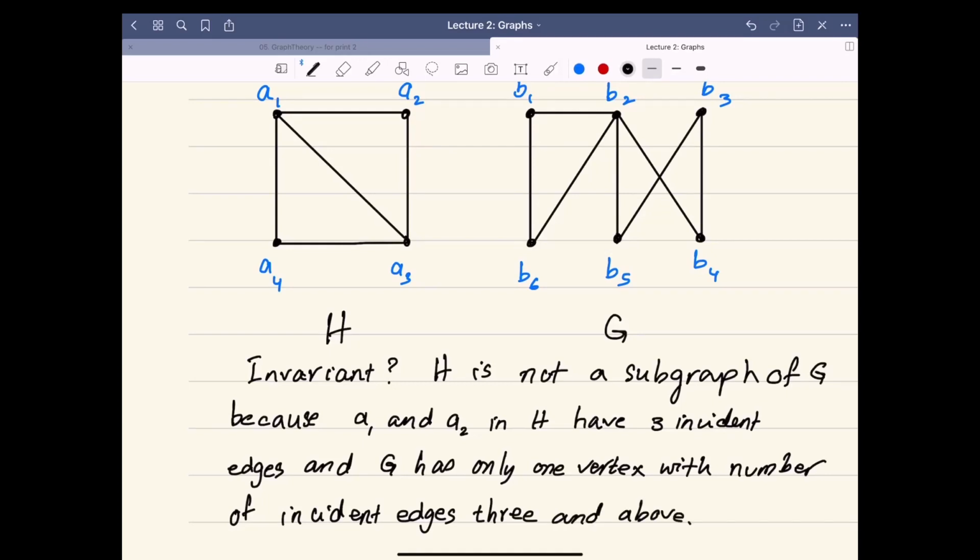And this disproves that H is a subgraph of G.